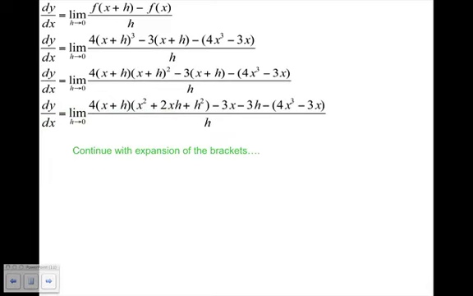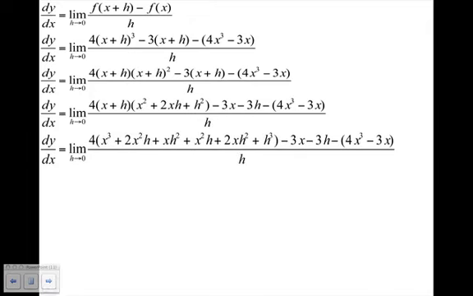And to get to this line, well, we know how to expand x plus h all squared, and that becomes this. I've expanded this bracket here to get 3x minus 3h. And we can further expand the brackets, and we end up with something that looks rather ugly.